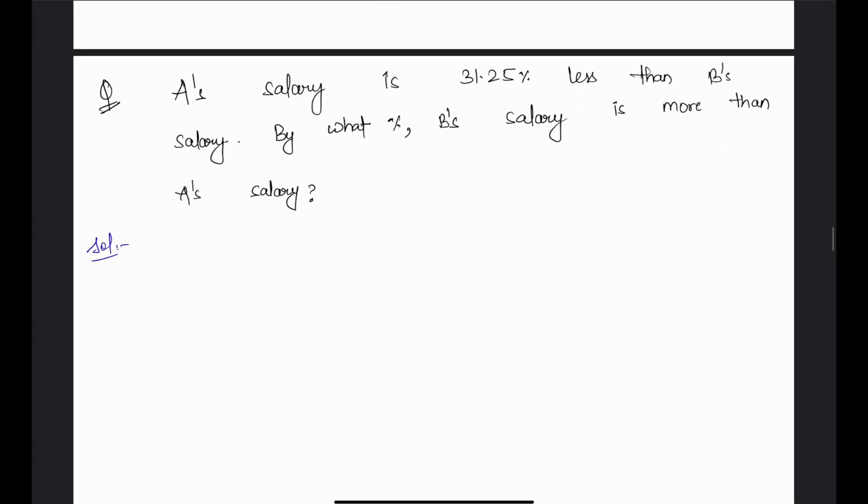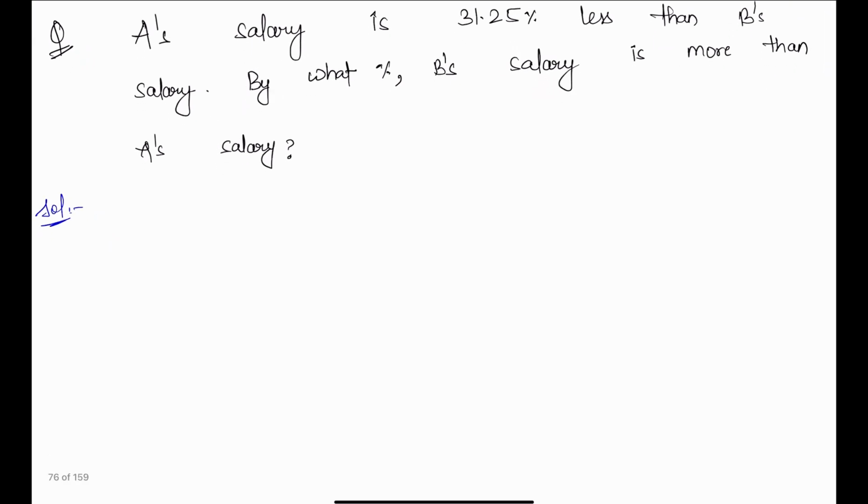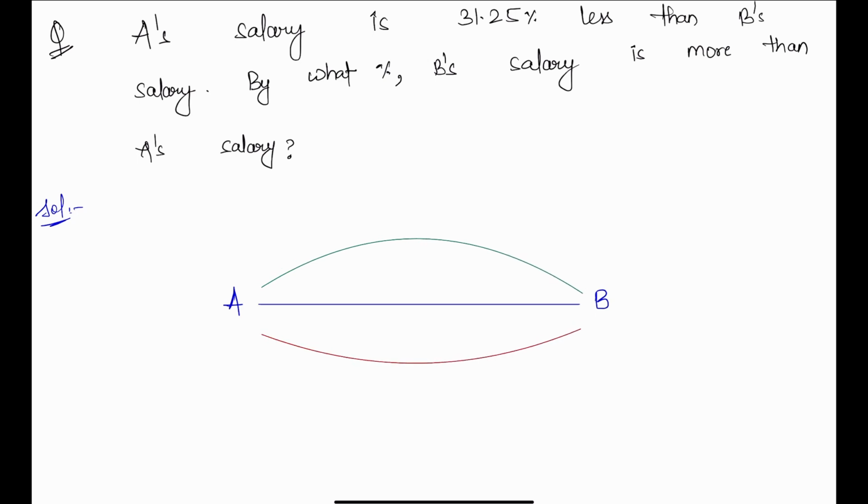Again, our approach is not going to change. Our approach will always be the same. A's salary is 31.25% less than B's salary. A is less, so let's give him the point which is near 0, that is the origin. Make an arc. The less part is always on the red side, the more part will always be above.